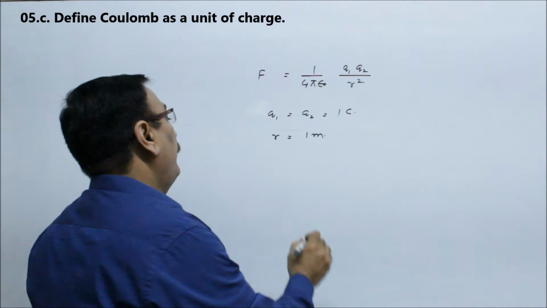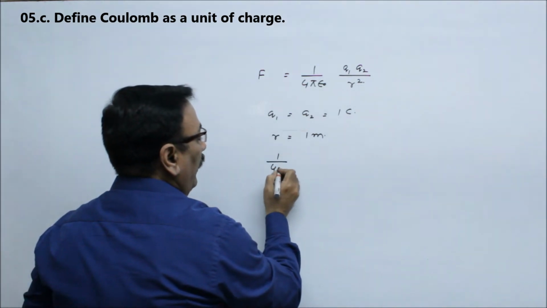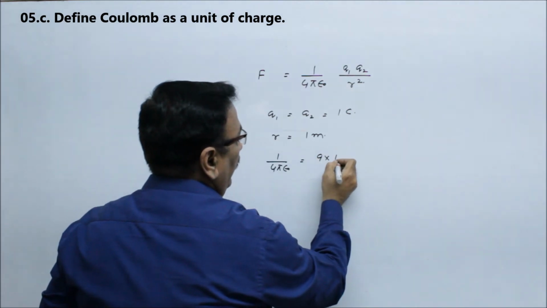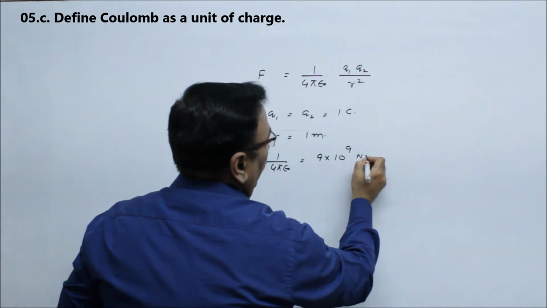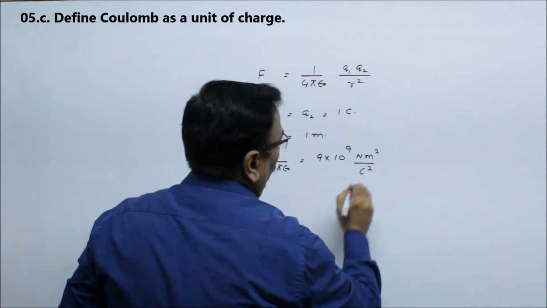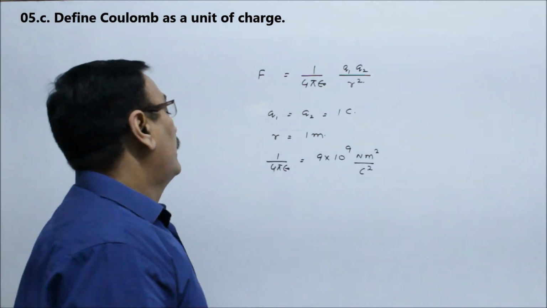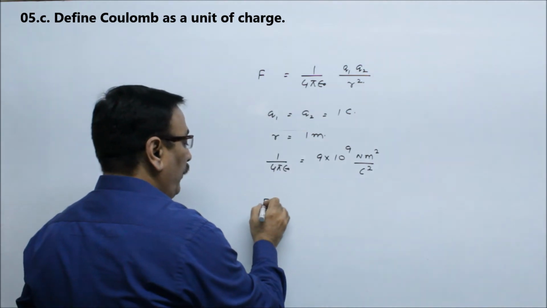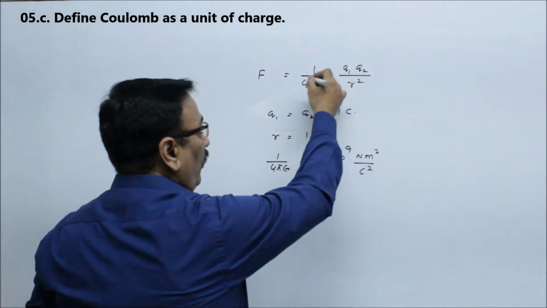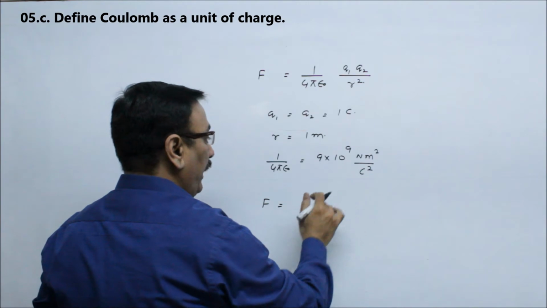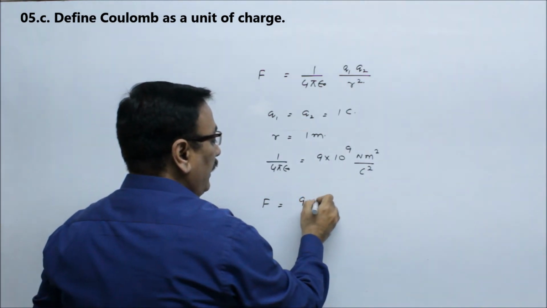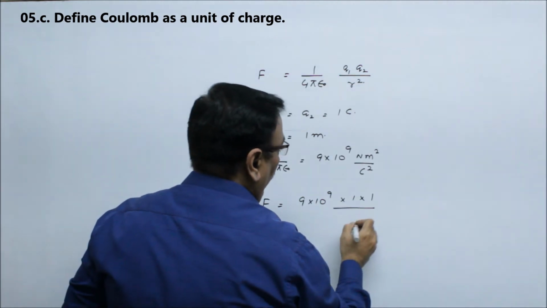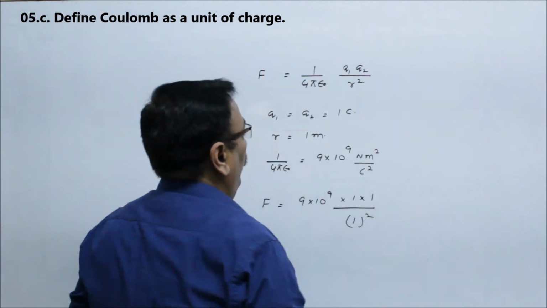We already know 1 over 4 pi epsilon naught has the value 9 into 10 raised to the power 9 Newton meter square per Coulomb square. Since all units are SI units, we need not write the units again and again, and we get 9 into 10 raised to the power 9 into 1 upon square of 1.